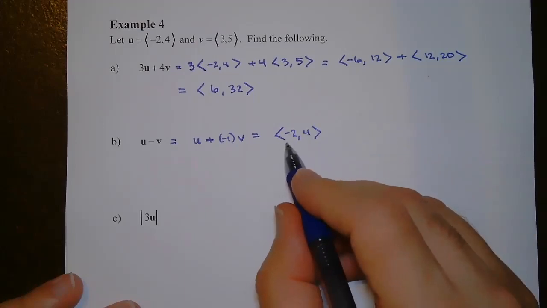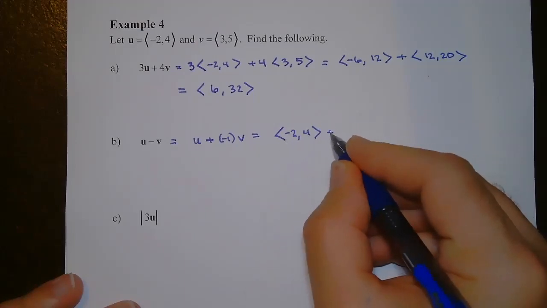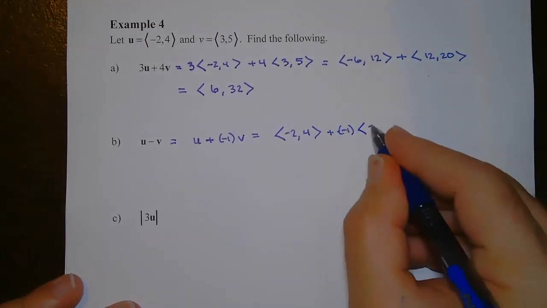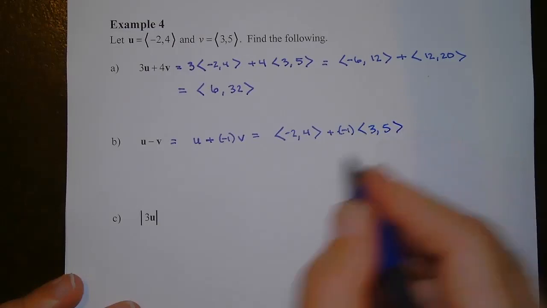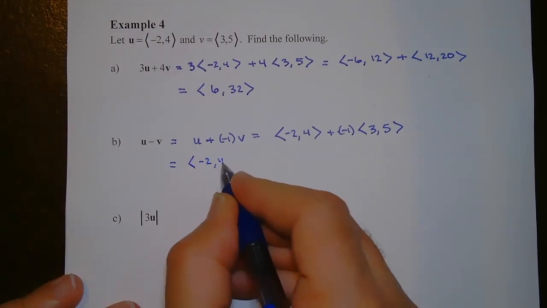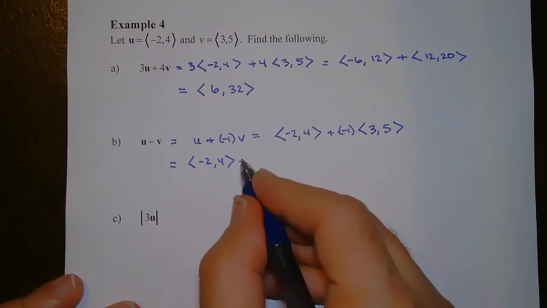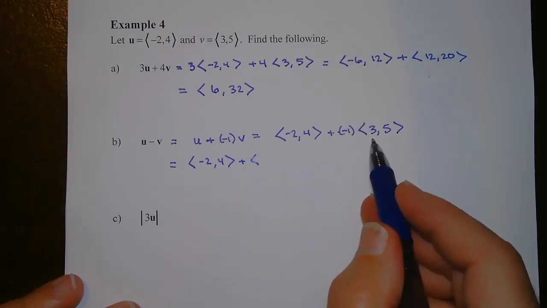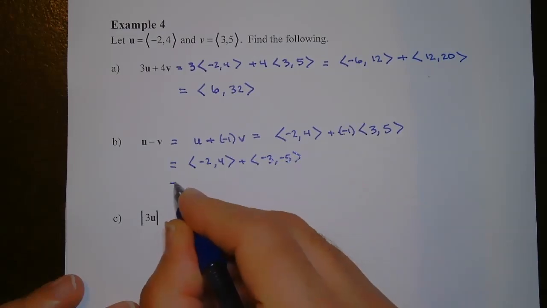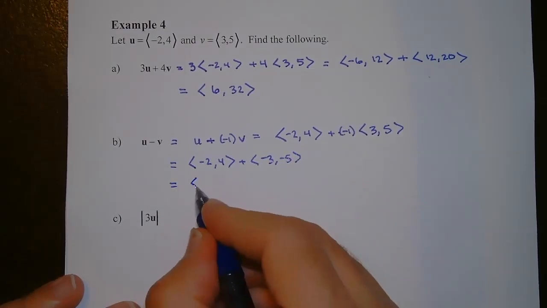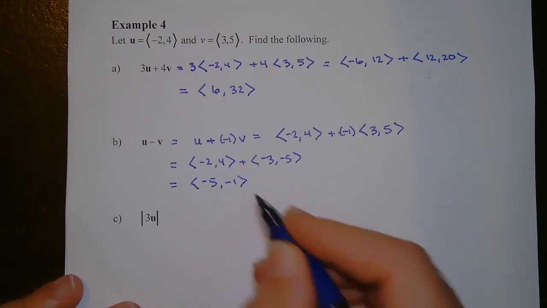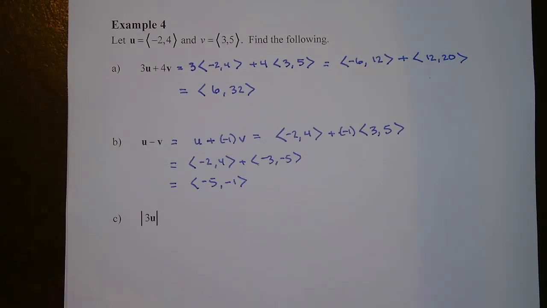So the vector negative 2 comma 4 plus, and then it'd be negative 1 times, if we really wrote this out perfectly, 3 comma 5. So this would be equivalent to negative 2 comma 4, and then plus the vector negative 3 comma negative 5. Then this would equal, when we add them, negative 5 comma negative 1, and that'd be the new vector. So this is how you combine vectors.